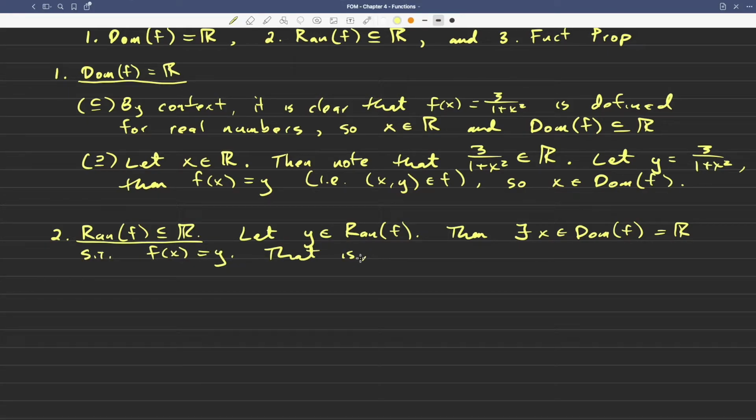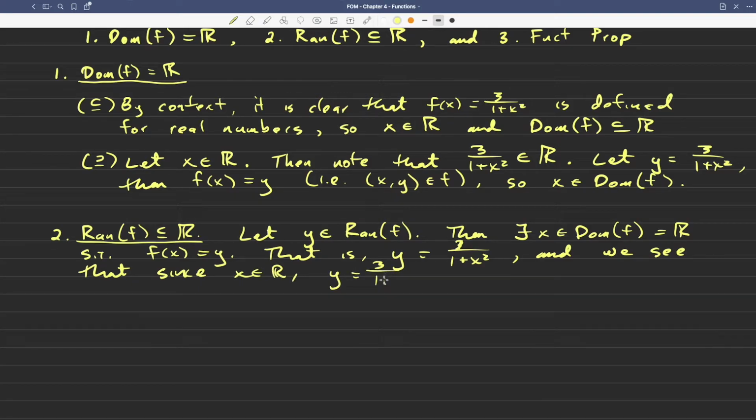That is, remember, f of x is 3 over 1 plus x squared, and since x is a real number, y equals 3 over 1 plus x squared is a real number also. This is the same observation we made earlier. So we started with an arbitrary element in the range, and we argued that that very same element is in the reals. So that proves that containment.